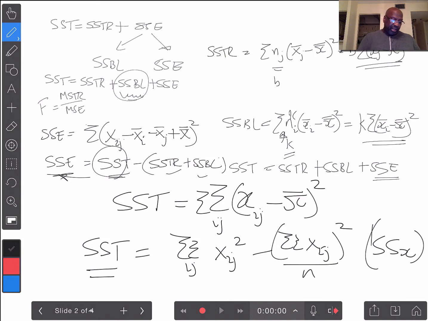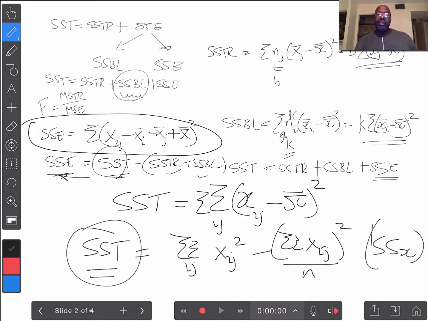So that, I think, is a lot easier for us to work with than this crazy looking formula over here. I'm sure you'll agree with me on that. So that's what we're going to use. We're going to use this SST, SSBL, SSTR, and then we will find SSE by simply doing arithmetic. And then we could solve our problem.